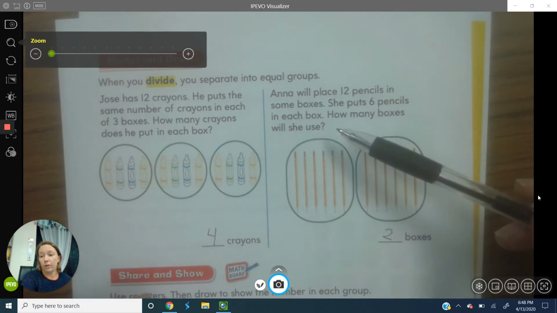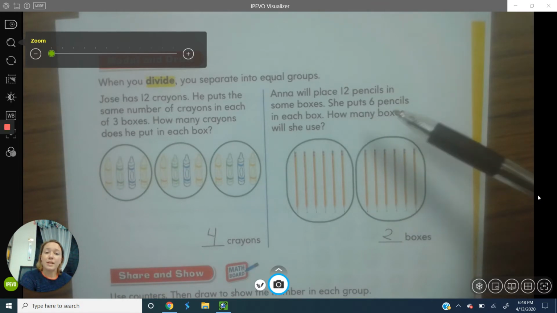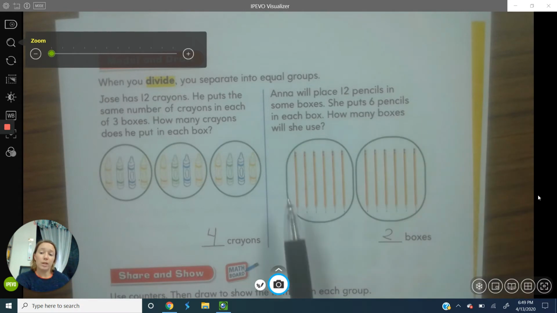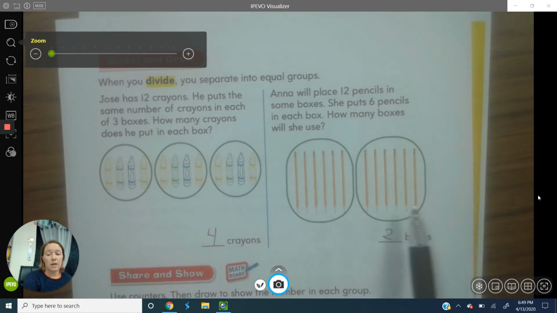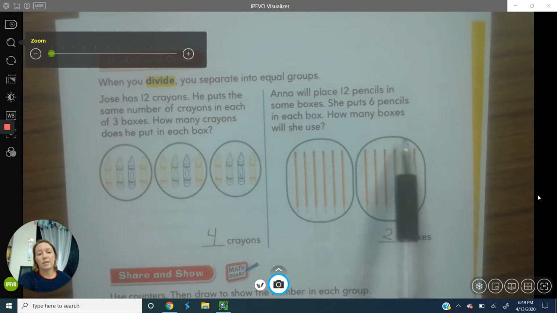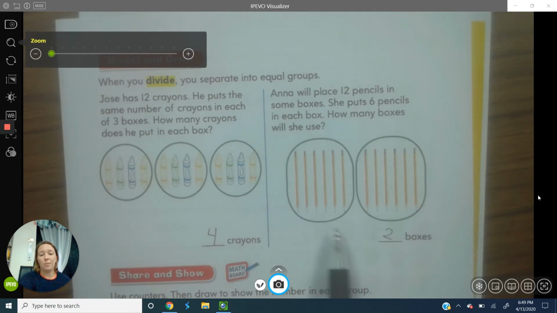Boxes. We don't know how many. She put 6 pencils in each box. How many boxes will she use? So on this one, they drew 12 pencils, and we know that she's putting 6 in each box, so circle them. So boxes, 2. Okay.